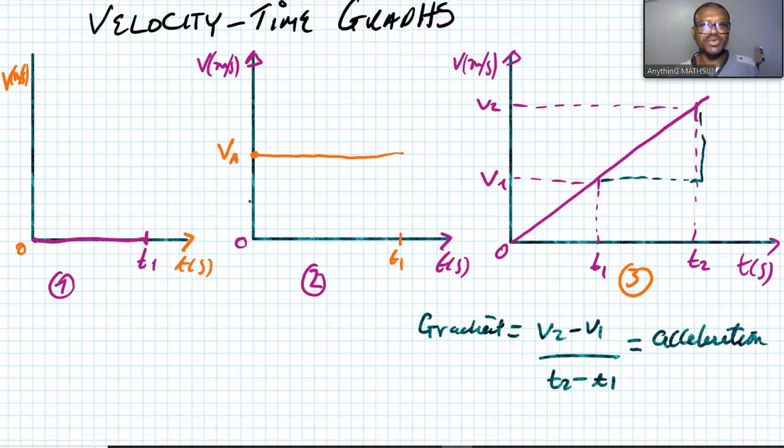No movement at all for T1 seconds. I want you to think about a particle that is moving with changing acceleration, how it can be represented on the velocity time graph.